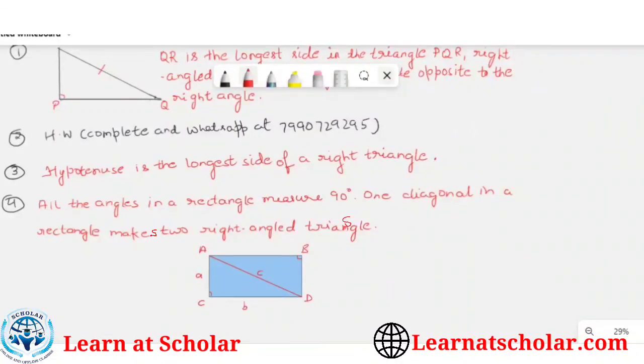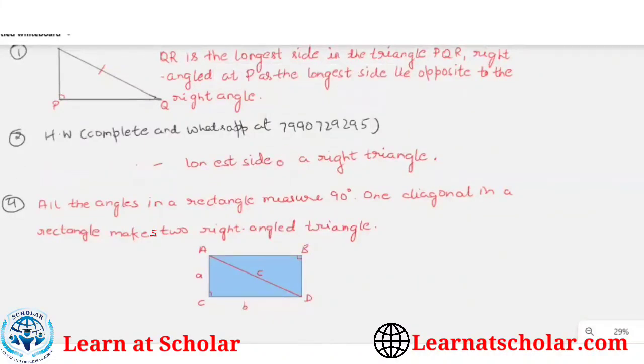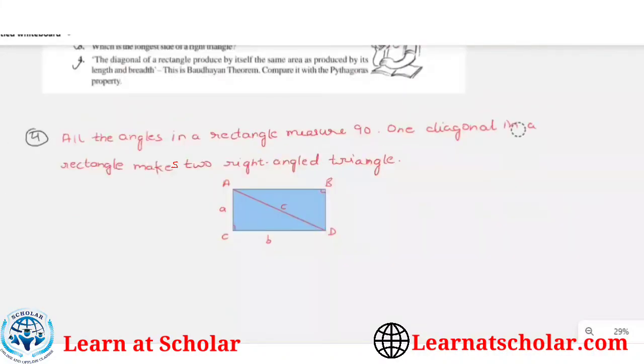So if the diagonal is C, the theorem states that the diagonal produced by itself the same area as produced by its length and breadth. Produced by itself, that means C square. This is a square on C. The area will be counted as C square, will be equal to the area produced by its length and breadth.